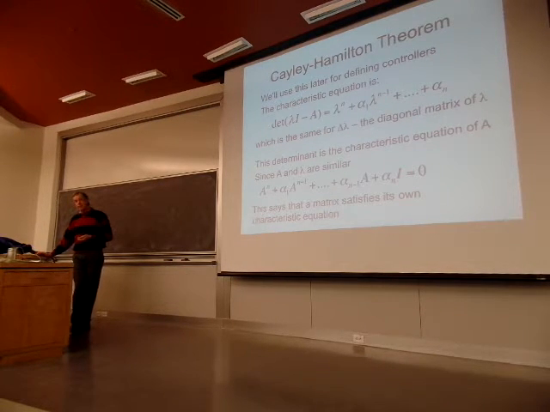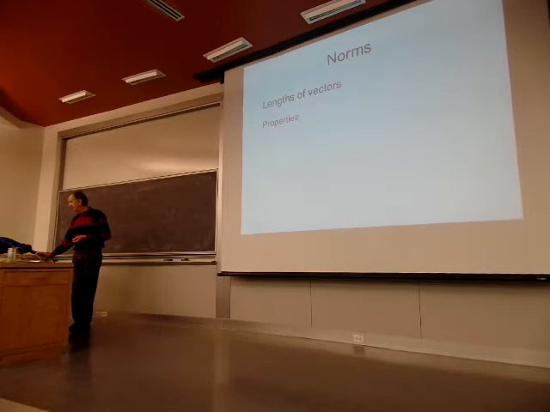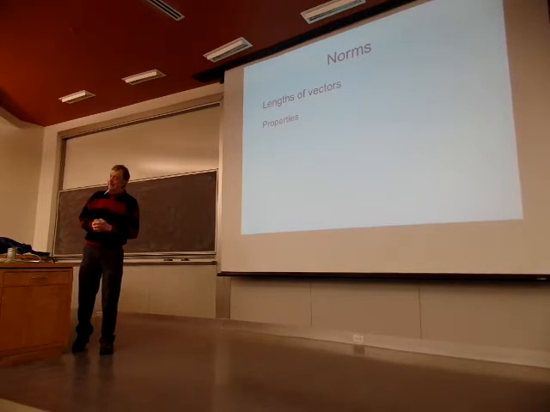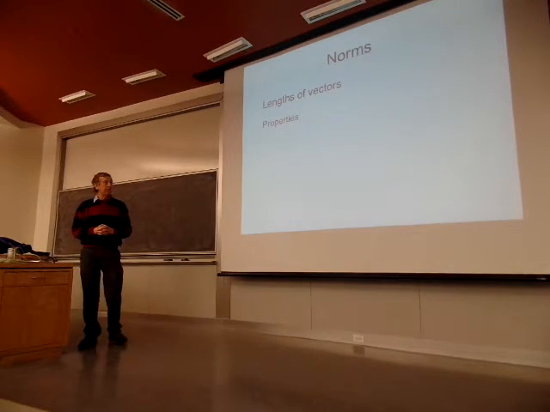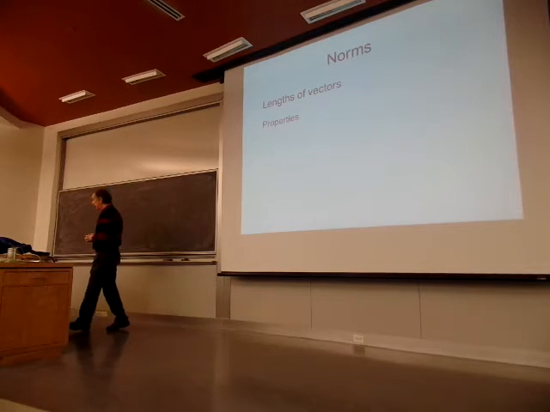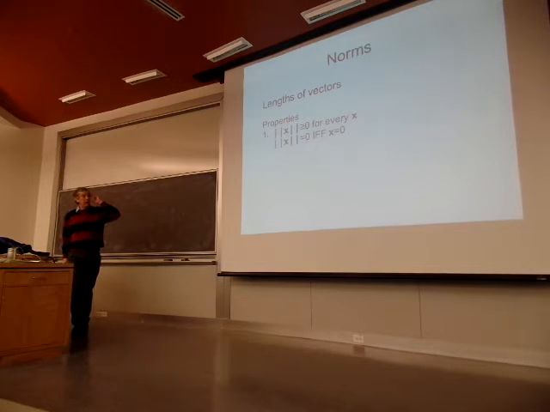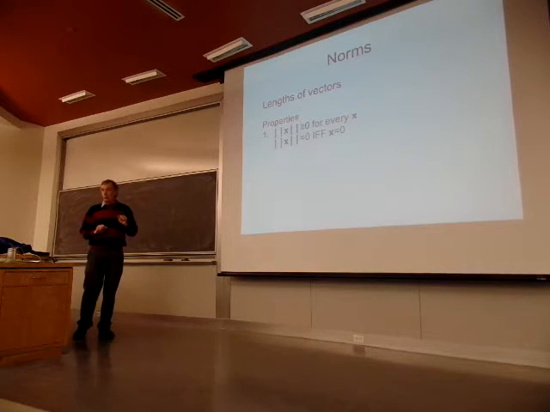All right. The last bit of linear algebra I want to talk about are norms. They're basically lengths of vectors, but there are a lot of different ways you can figure out lengths of vectors. Now we'll look at some properties. These double bars mean norm.